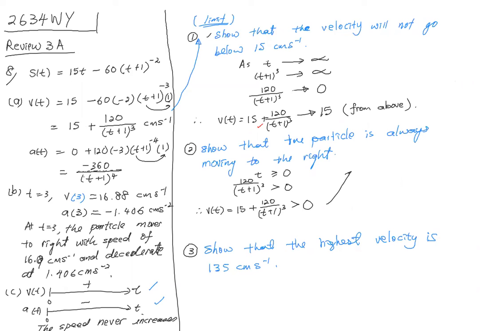Look, you see how I do. I can start by saying v(0) is equal to 15 plus 120 divided by 1 cube. So this is 135. Okay, I can start like this. But how am I going to show that this is the maximum? I have to show my rate of change of velocity, correct?